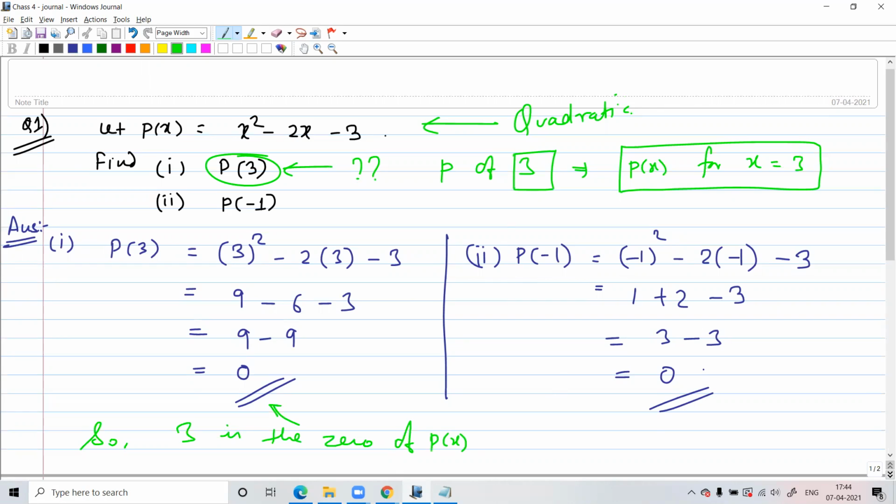It can have up to 2 zeros. The first one is 3, and just now you saw that when you put x equal to -1 also, you still get 0. That means -1 is also a zero of this polynomial, correct? 3 and -1.